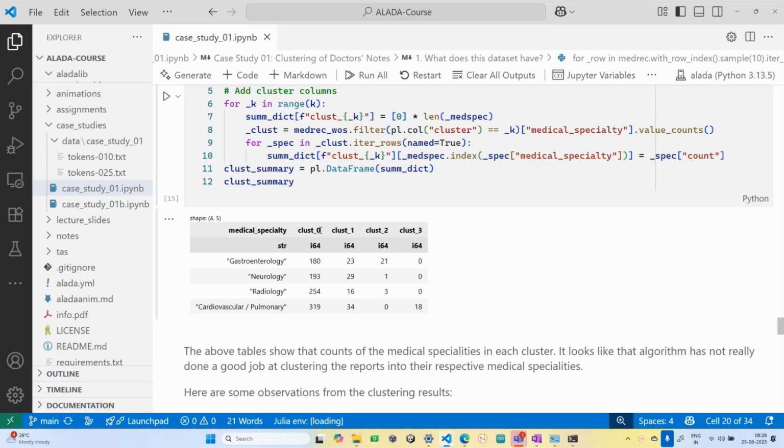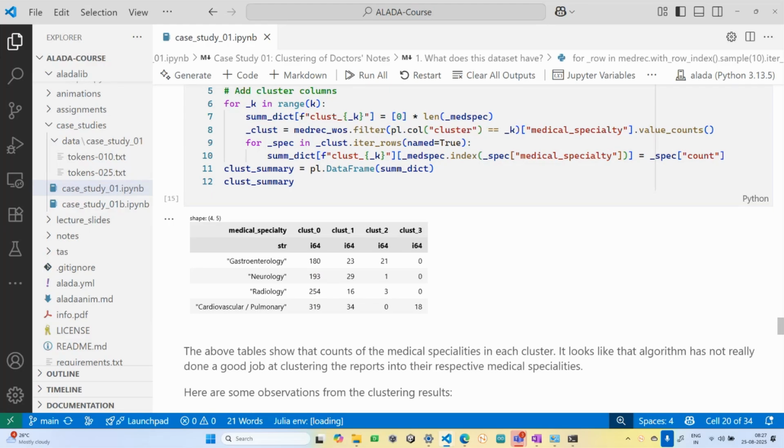Looks like cluster 0, or the first cluster, essentially contains the maximum number of entries. If you add all of these, that's the number of entries that have been categorized as cluster 0. If you add all of these, that's the number of reports that have been categorized as cluster 1, 2 and 3. If you look at this, it looks like cluster 0 contains data from all nodes.